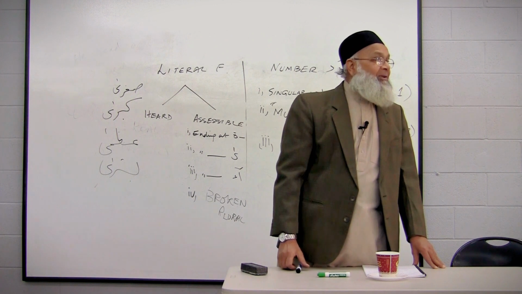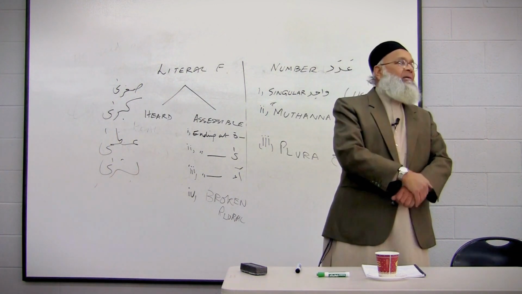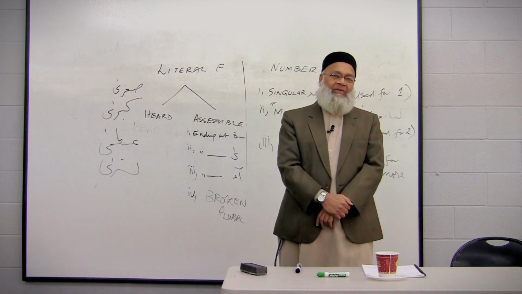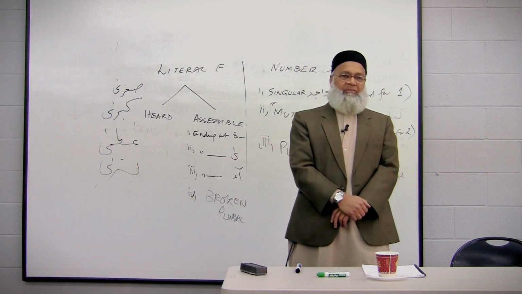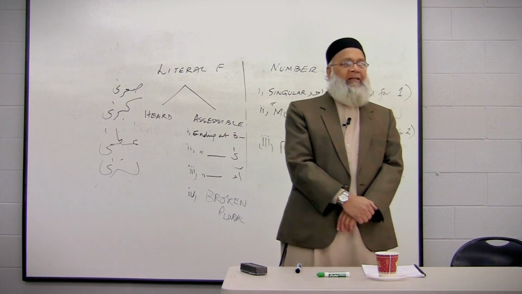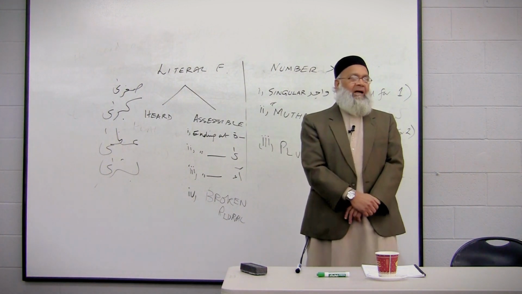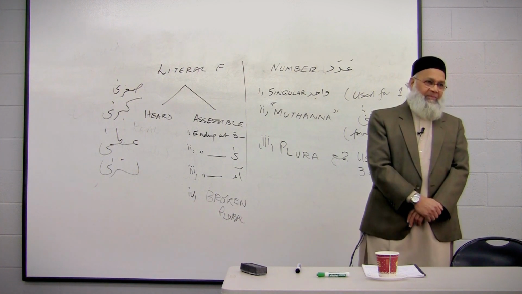But the messengers were all masculine. But since instead of saying Rasuluna, it is Rusul, the singular feminine form has been used for the demonstrative noun. Tilka rusulu. Tilka al-amthalu nadribuha lin-nas. Tilka ayyamun nudawiluha bainan nas.